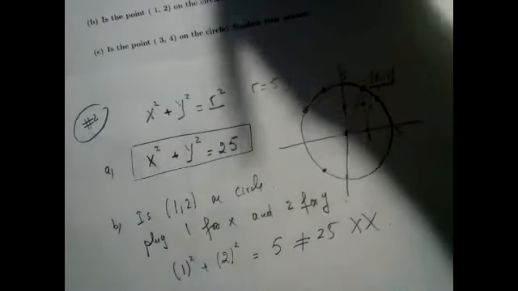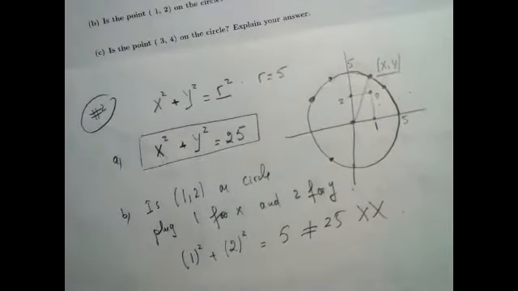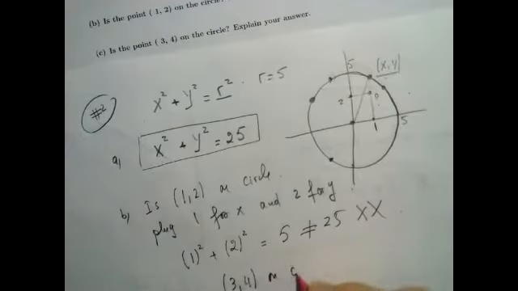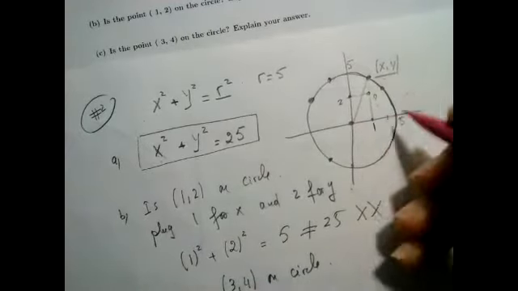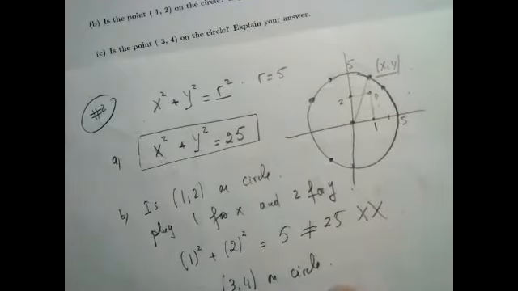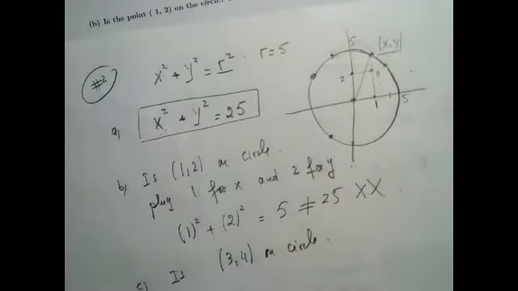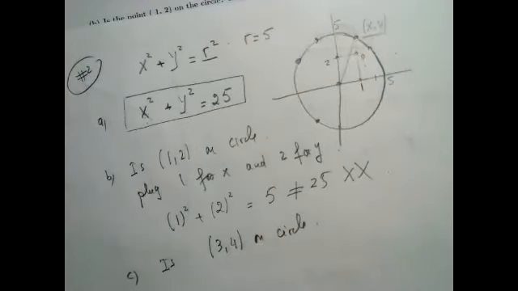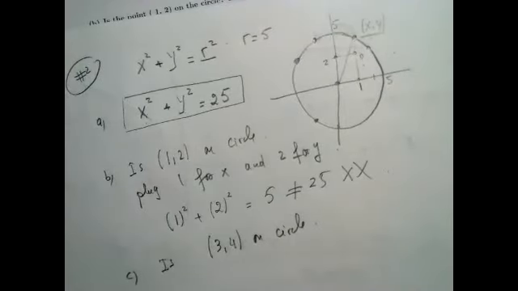Now, C, along the same line, is the point (3, 4) on the circle? Okay, so 3 should be somewhere here. 4, at this stage, I actually lost track, so the picture will not help me now. So now back to you. If I take the point (3, 4), is it on the circle?